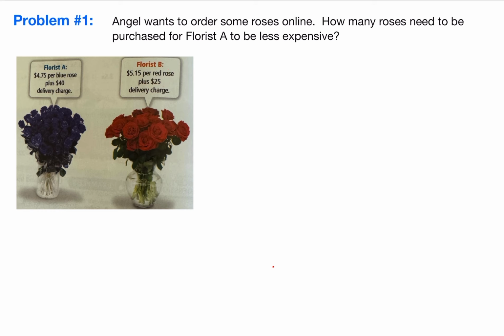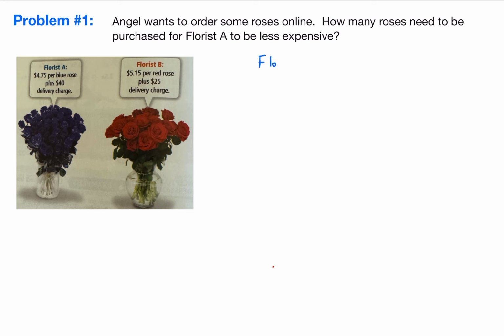So the question is, at what point or how many roses does Angel need to order so that florist A is going to be cheaper or less expensive than florist B? Okay, so let's go ahead and write this down.